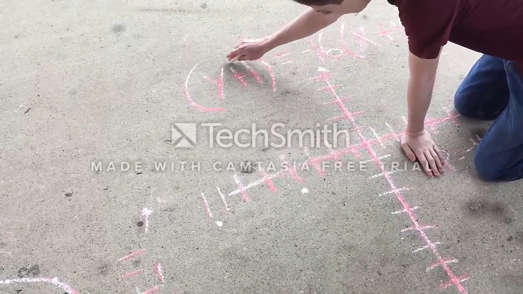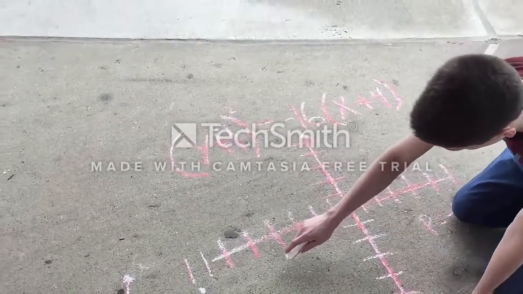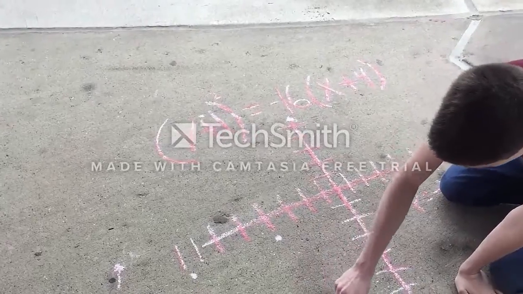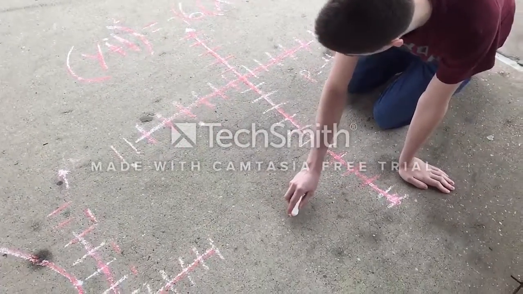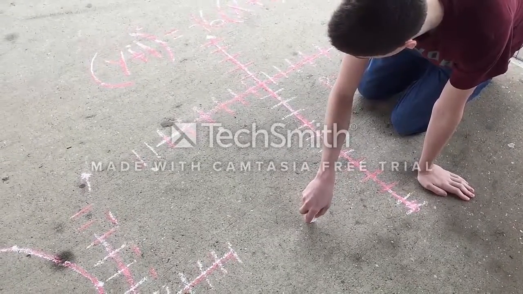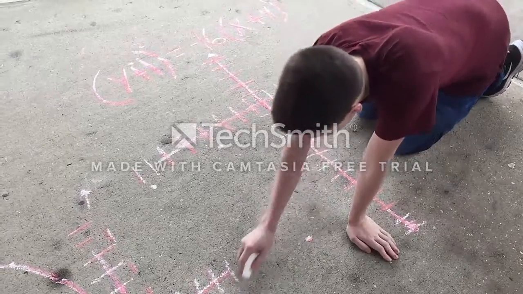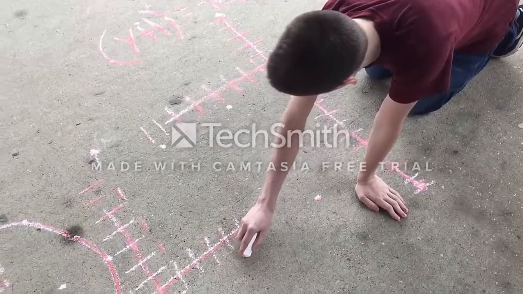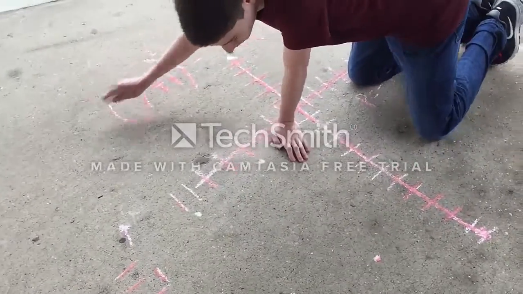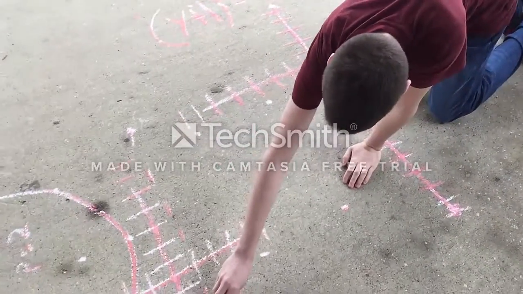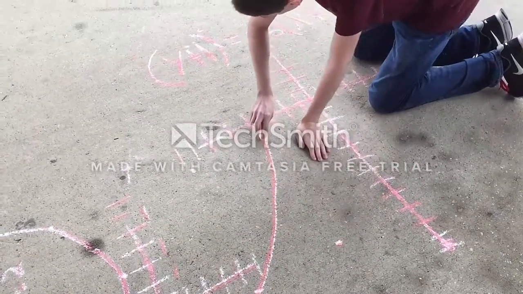So it's going to be somewhere up here. 1, 2, 3, 4, 5, 6, 7, 8. Right about there. And then we're just going to draw this really wide.